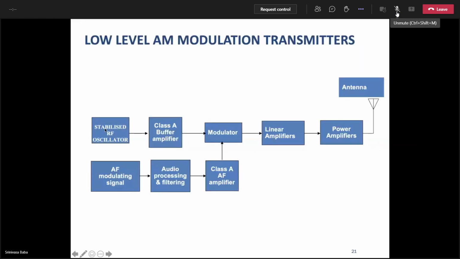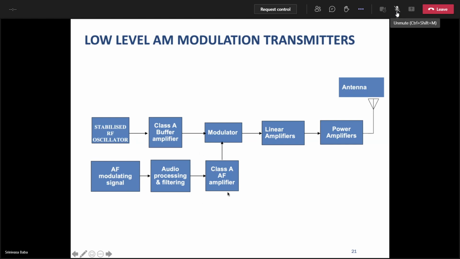So it consists of a stabilized oscillator, class A buffer amplifier, which is also acting as an isolating amplifier, and frequency multiplier. Then we have a modulator, a linear amplifier, and a power amplifier. Then the other input to this modulator is the audio frequency signal, which is to be transmitted from the transmitting end to the receiving end.